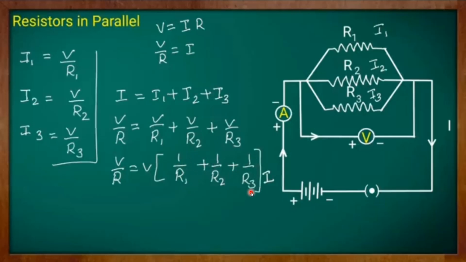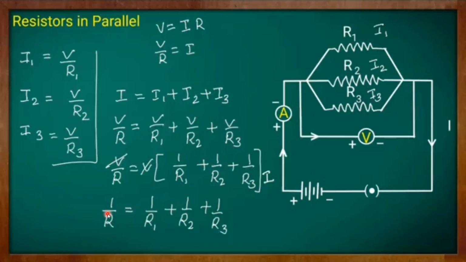V is a common term in both the LHS and the RHS, therefore V is cancelled on both sides. After cancelling, we are left with 1 over R is equal to 1 over R1 plus 1 over R2 plus 1 over R3. This is nothing but the equivalent resistance when the resistors are connected in parallel.